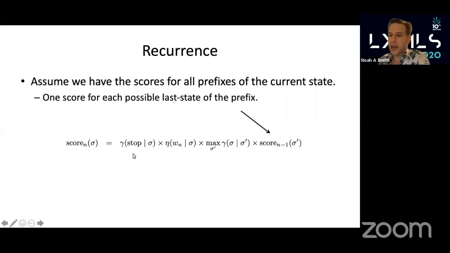And again, there are four pieces to this now. The first one is the transition: we know that we had to transition from this last state to stop. We know that this last state had to generate word n. And then what we're choosing among is preceding labels, which transition to sigma, and which each on their own have a score corresponding to the best label sequence up to that point. And so this now gives us a recurrence. There's one score for each possible last state of the prefix at each position. So how do we get score n minus 1?